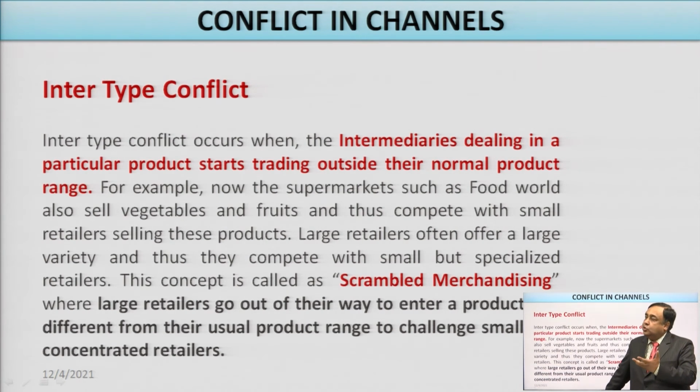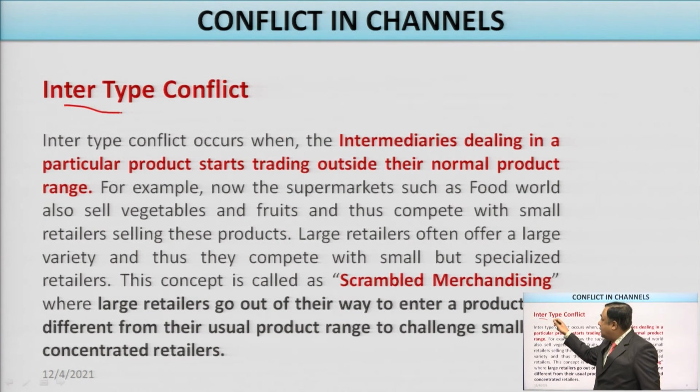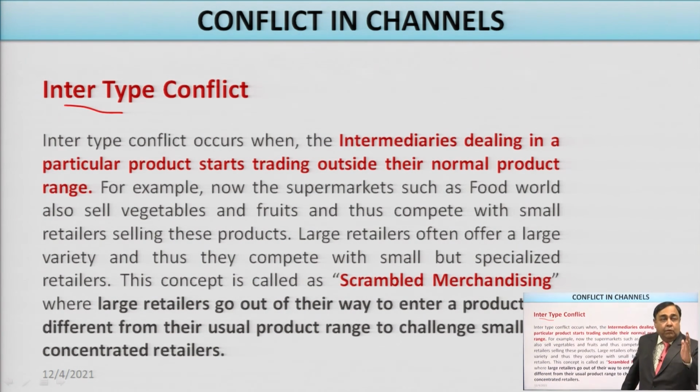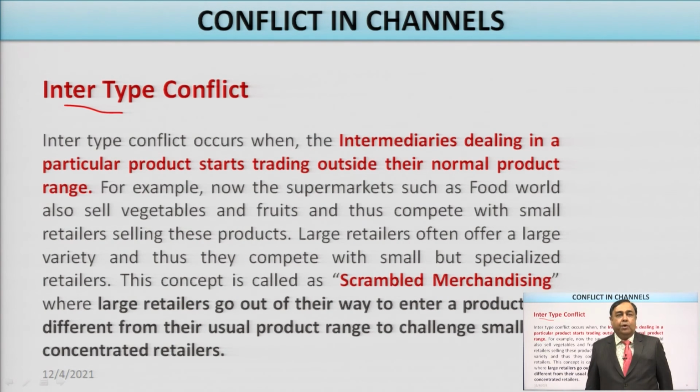Now, it is a question of the big supermarkets who are financially very, very powerful. When they start to sell vegetables, automatically the poor vegetable vendors suffer. That is what we are calling inter-type conflict. There is a conflict in the nature of the product which they are selling.